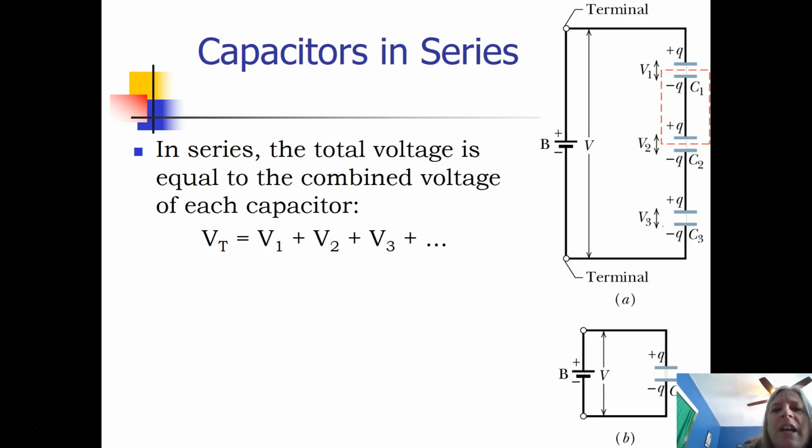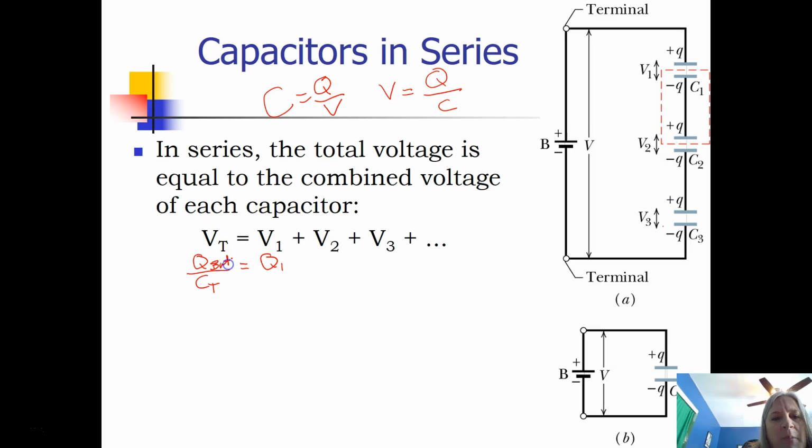So if we go back to our capacitance is Q over V equation, and this time we rearrange for V, we get Q over C. So if I plug this in, the total voltage, which would be the total charge over the total capacitance, is equal to the charge on one, which is the same as what came off the battery.